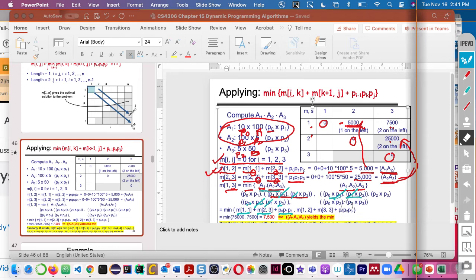The total will be P0 times P2 times P3. You understand this?